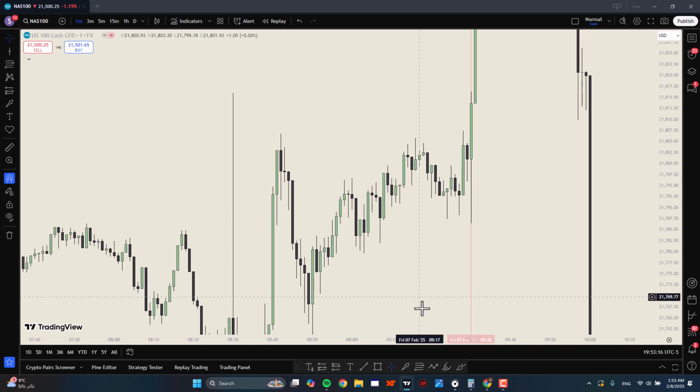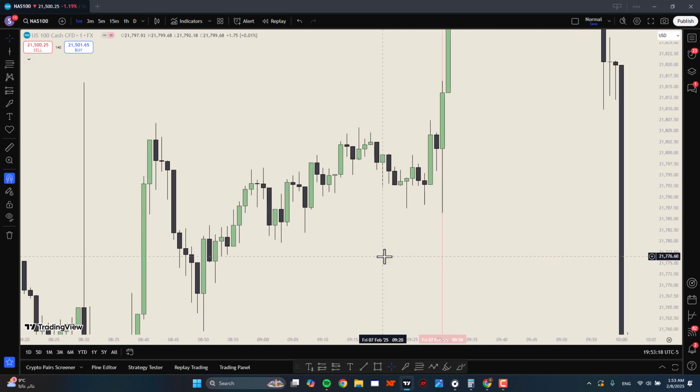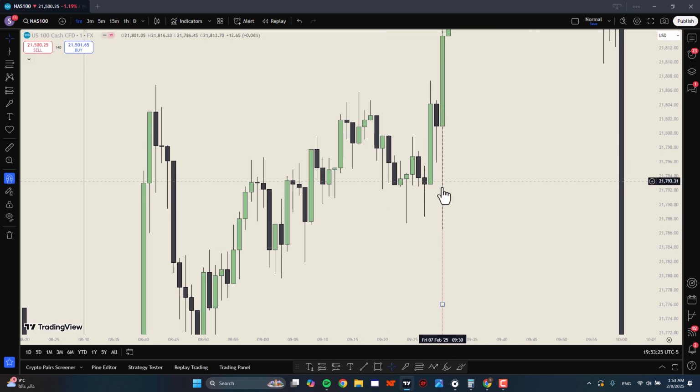Now, there's the first step. The second step is we want to recognize a sweep. We can see that at 9:30 we have a beautiful sweep here. Price traded to the downside, took this low right here, right?